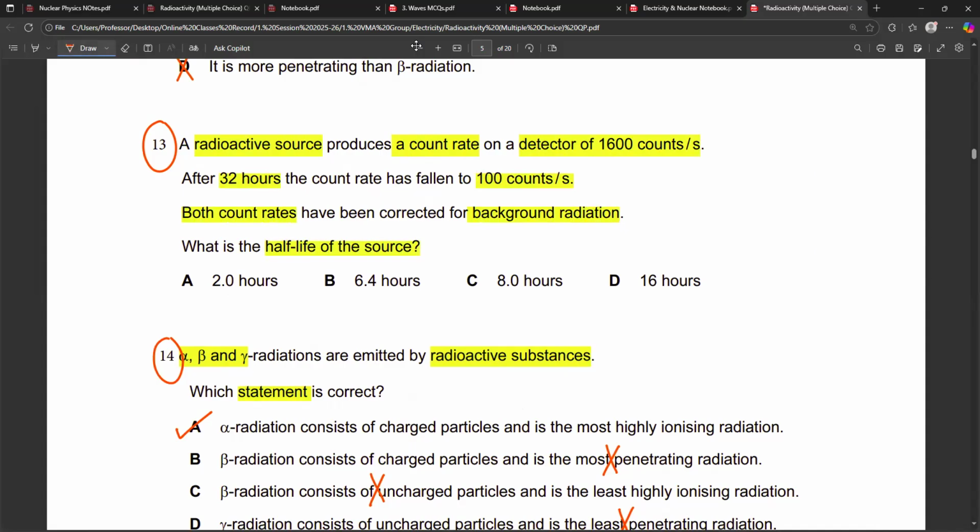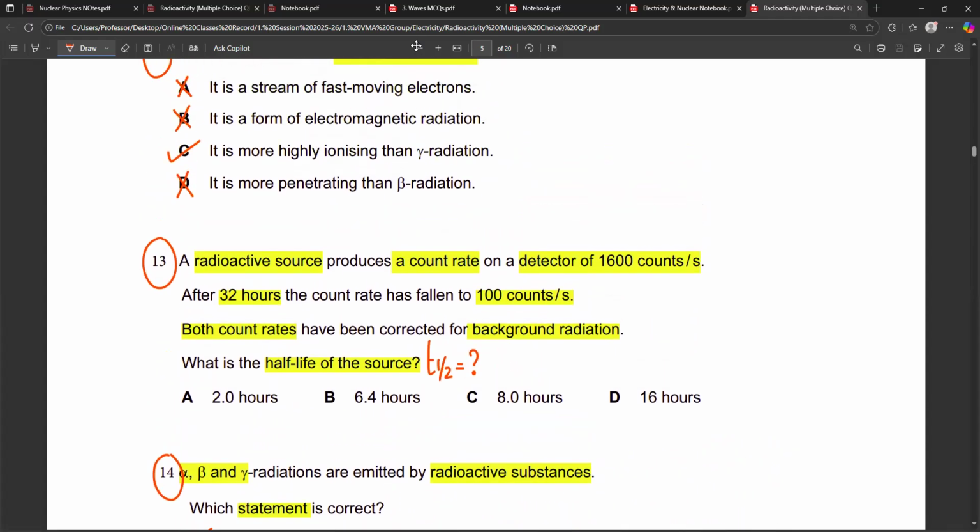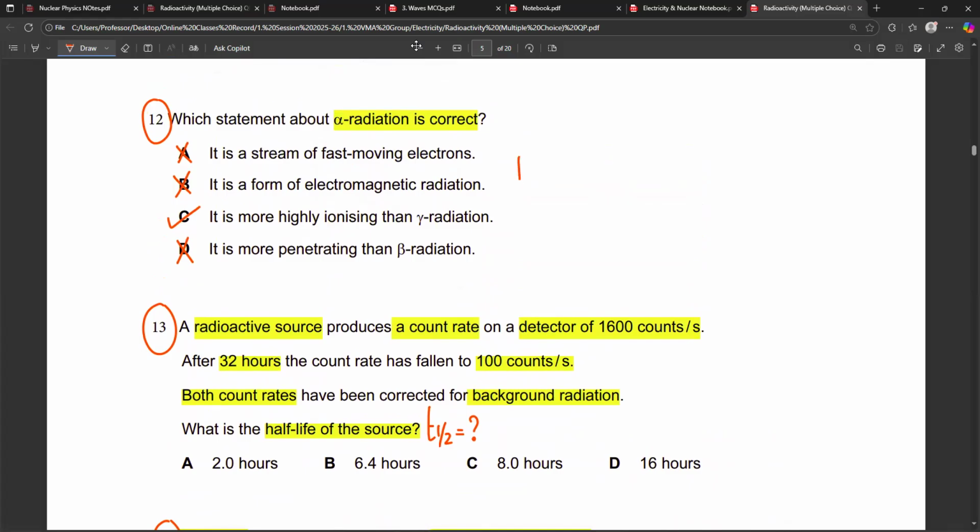So now we have to find out the half-life. Initially we started from 1600, that is the value of the detector, and after 32 hours it decreases to 100. And there is no background radiation, it is corrected for background radiation. So again we have to follow the same procedure. We start from 1600. 1600 divided by 2 gives you the first half-life, 800.